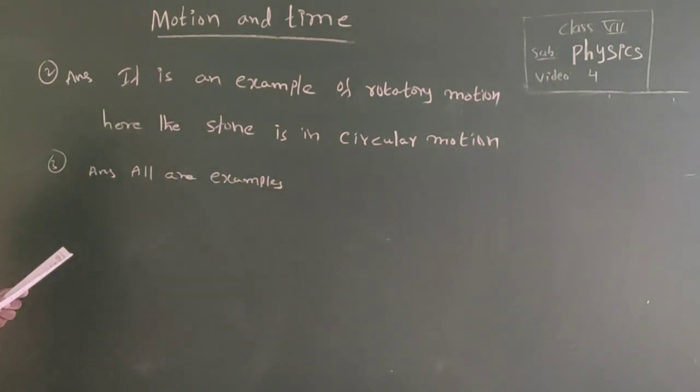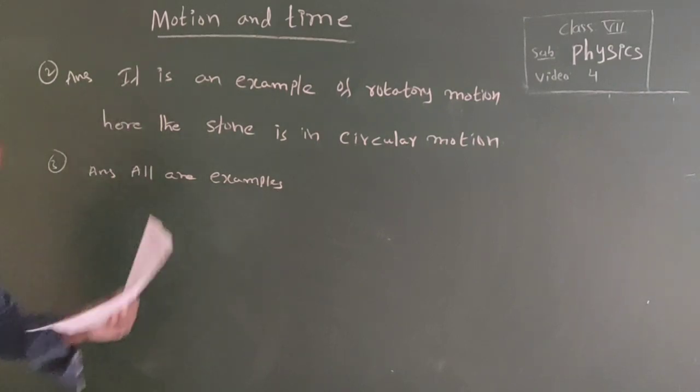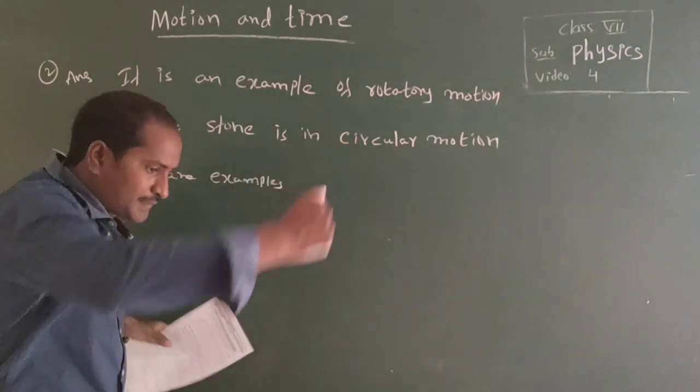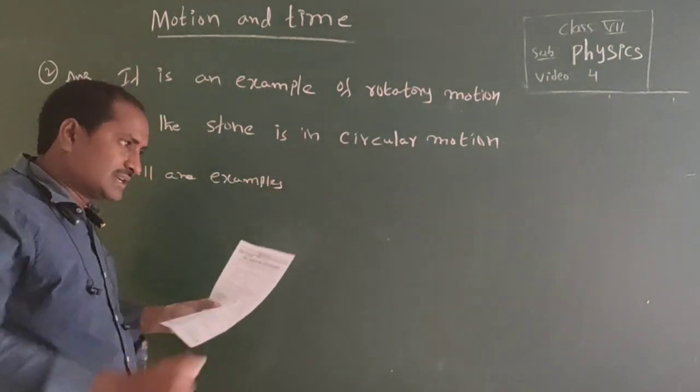Okay, next one. Which of the following is not correct in oscillating motion? Motion of the hammer of an electric bell is oscillating motion. Motion of a child on a seesaw is oscillating motion. Motion of your hands while running is oscillating. Running like this, to and fro on the same path, so it is also oscillating motion.